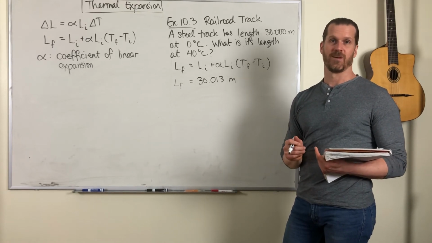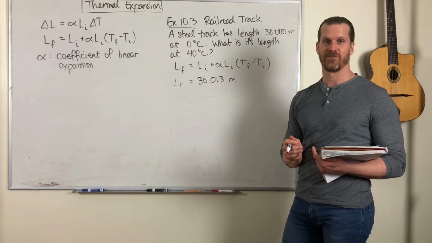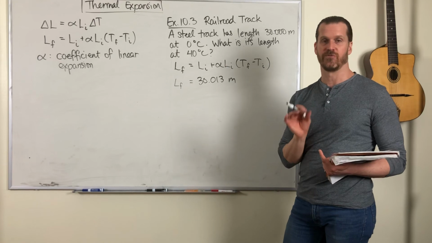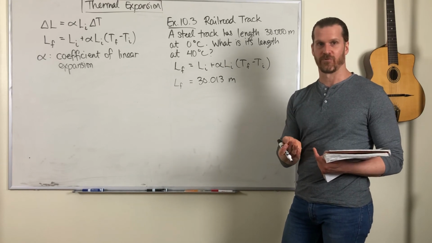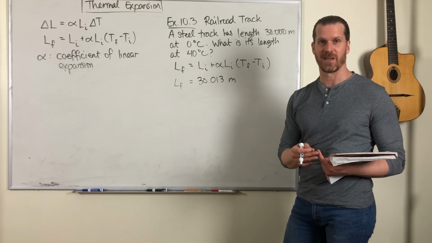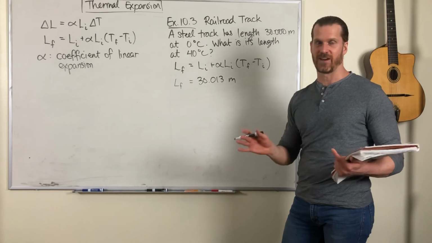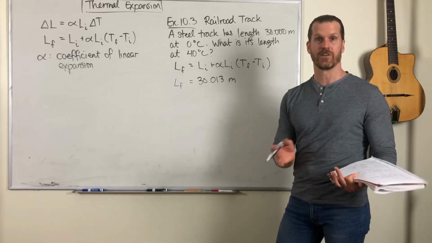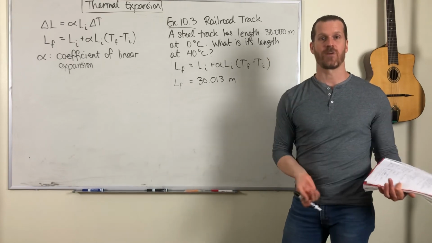And there are some dramatic photos online, even in your textbook, of what happens when you don't allow a railroad track to have any room to expand. It buckles sideways and the track gets super wiggly, which will make a train derail.